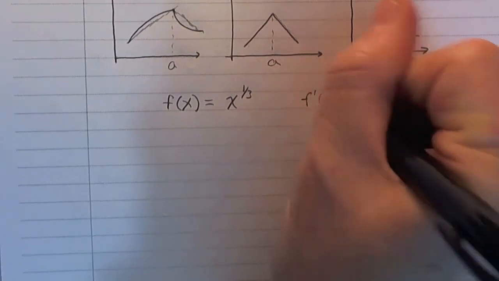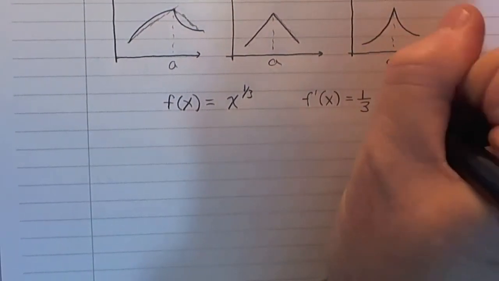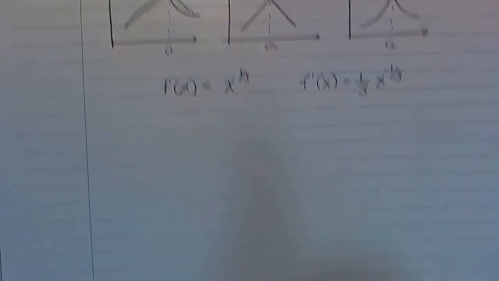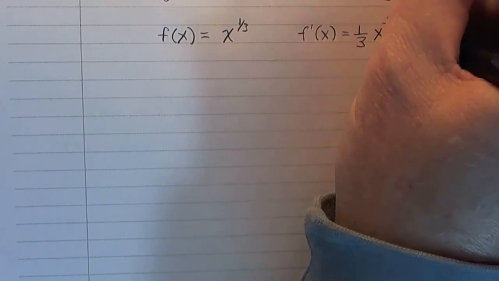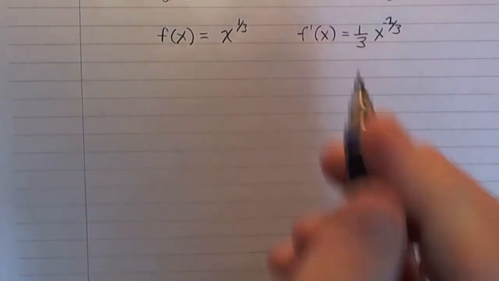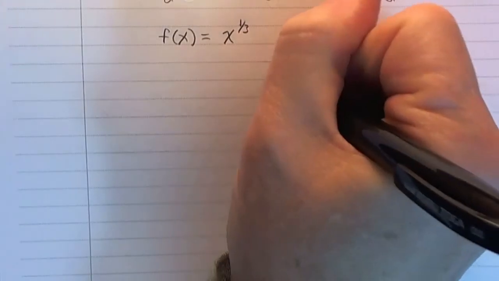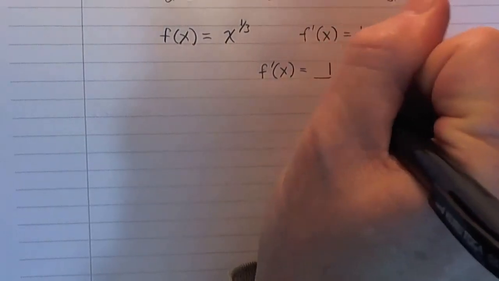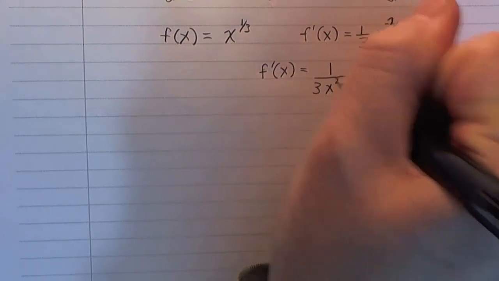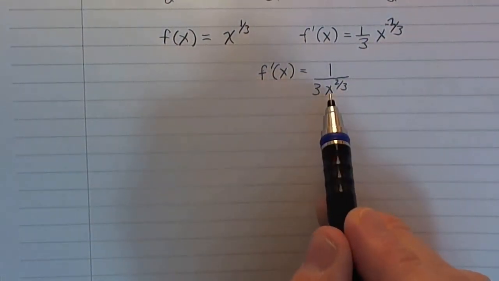The derivative of this function is 1/3 x to the negative 2/3. I'm sorry, negative 2/3, right? Just using the power rule. Sorry about that. Now, obviously, if we put this in the bottom, this is just going to be 1 over 3x to the 2/3. Now, obviously, this function is not defined at x equals 0.